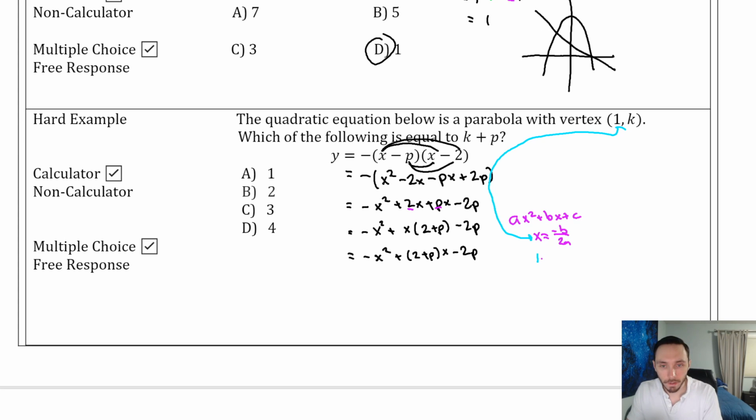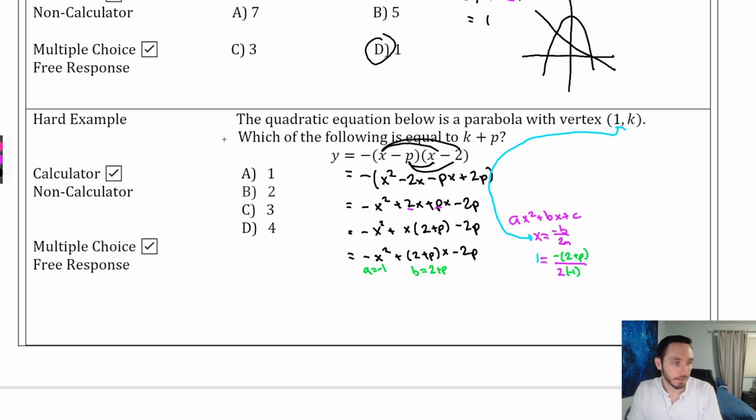I also know what my a and b value are. I know that a here is equal to negative 1, and that b here is equal to 2 plus p. So I'm going to plug these in for my values respectively as well. I'm going to get negative quantity of 2 plus p over 2 times negative 1.